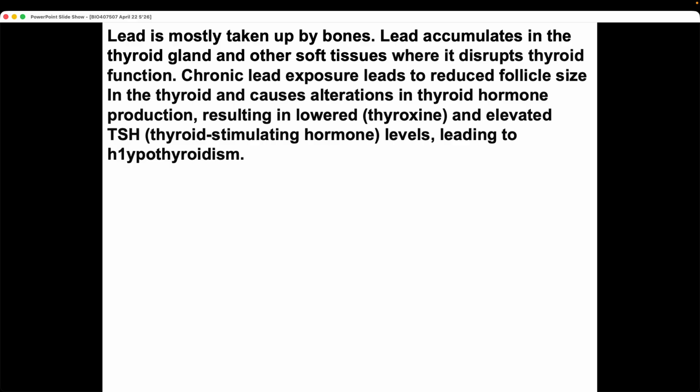So this is an example of lead being an endocrine disruptor without disrupting the zinc fingers: it accumulates at pretty high levels in the thyroid. The thyroid is the endocrine gland that synthesizes thyroid hormone, and lead disrupts the synthesis of thyroid hormone. That's called hypothyroidism, a little typo in that word, and it does it by multiple mechanisms.